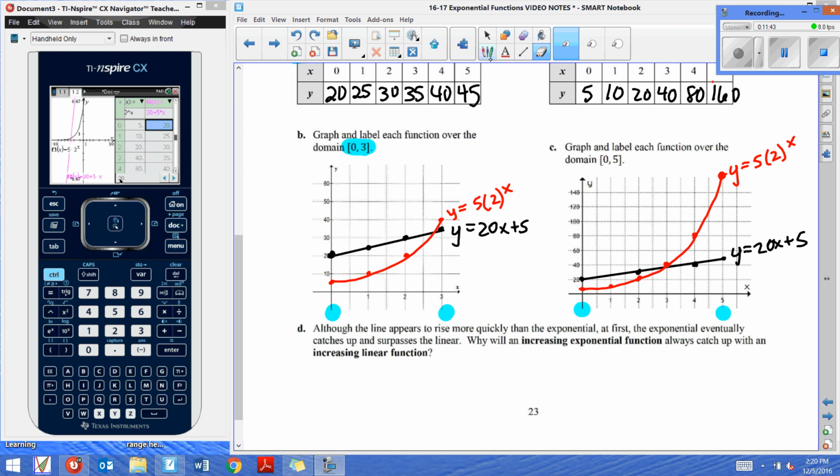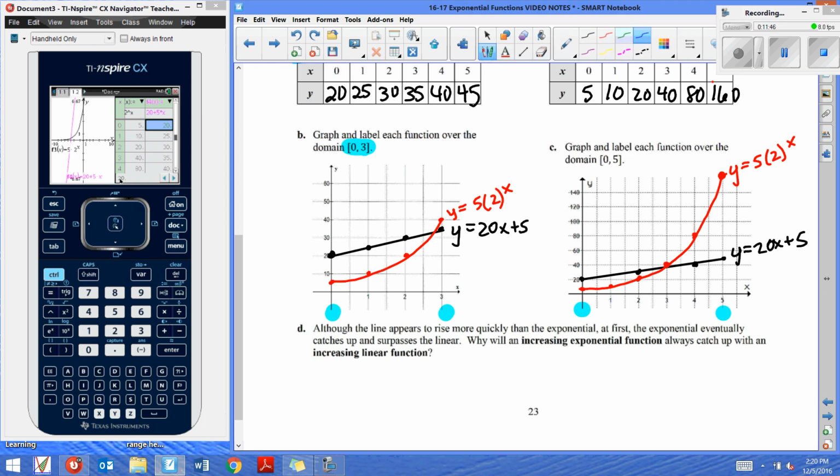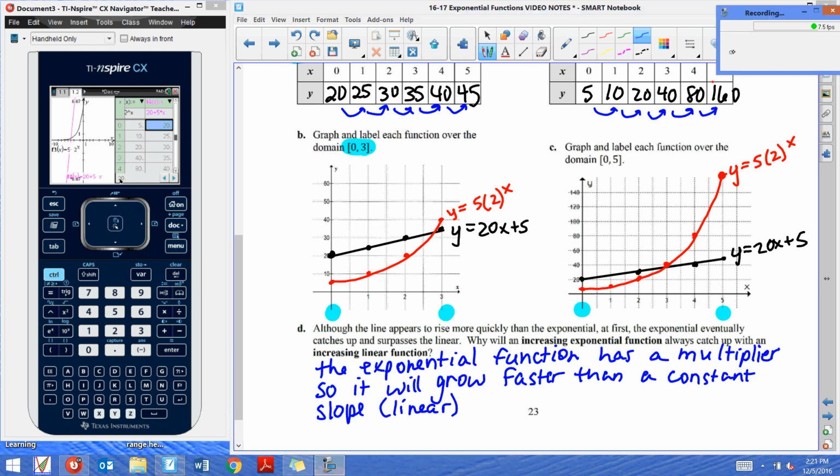Well, I think you already know this, because if we multiply by something over and over and over again, as opposed to adding something over and over and over again, we're eventually going to see that the multiplication will always surpass addition. So take a minute to write down the response for part D, and then we are done.